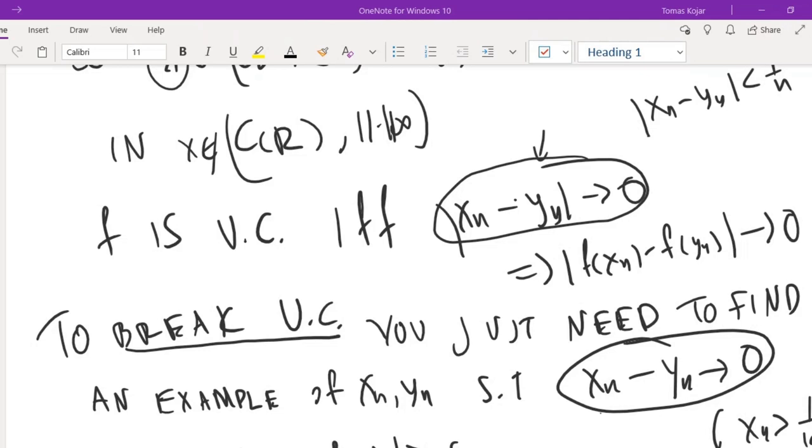Page 3. I don't see any class handouts. I don't know exactly. Do you mean example 1.11? Oh, I see. Yeah. Then we get that this is continuous. Oh, I see what you're saying.